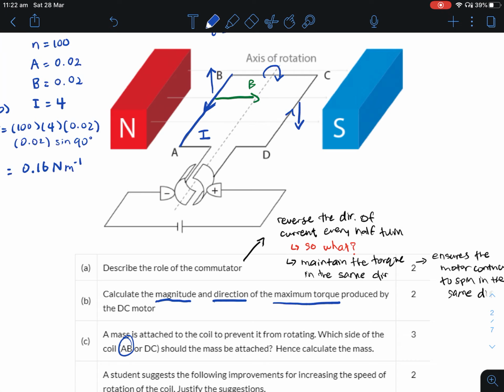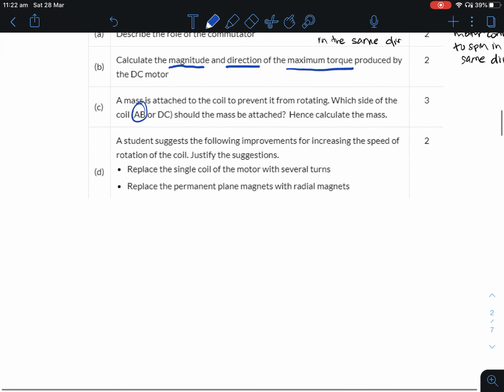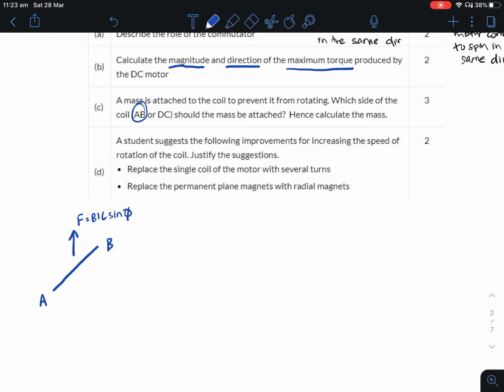And we want to calculate the mass. And so remember, we're just hanging it. So if I were to draw AB, let's say this is the side of the coil AB, and we've got the force due to the motor effect up here. And then we've got another force from the mass, which is mg, and we want it to balance, to be exactly equal so that AB doesn't move.